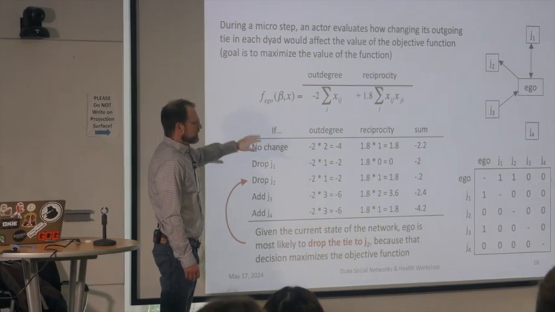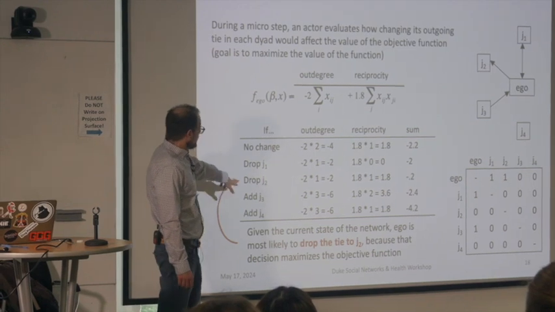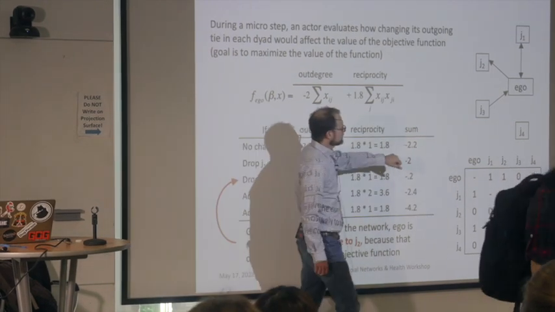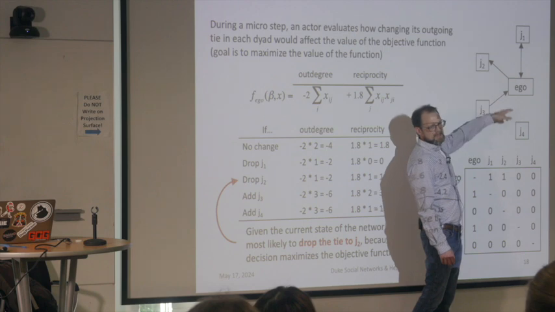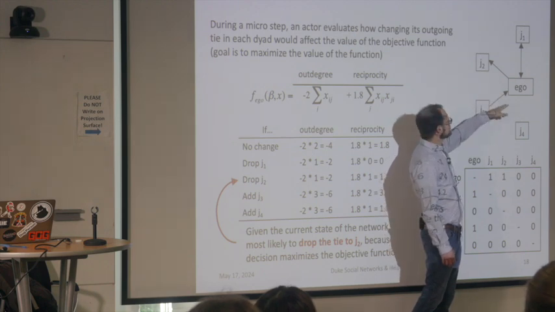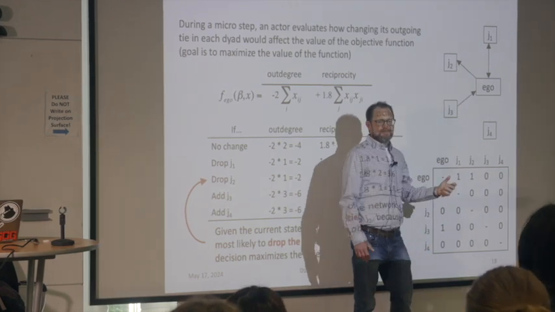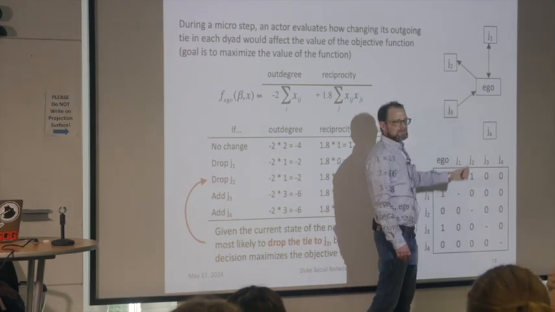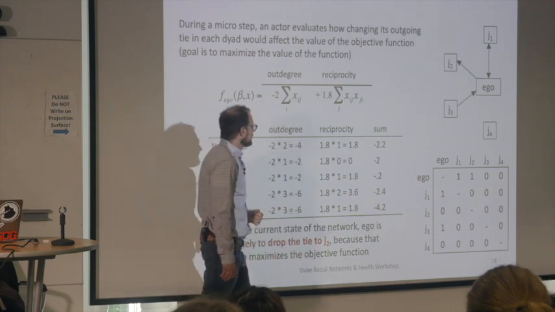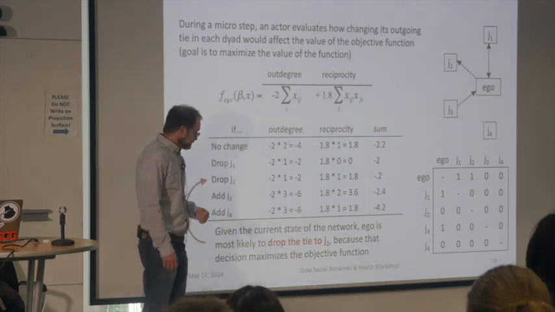Based on where we are now, dropping the tie to J2 is good. Having ties is costly, so dropping that tie is good, especially because it's not providing any benefit. It's not a reciprocated tie, which actors value. Okay, so ego's likely to drop that tie.